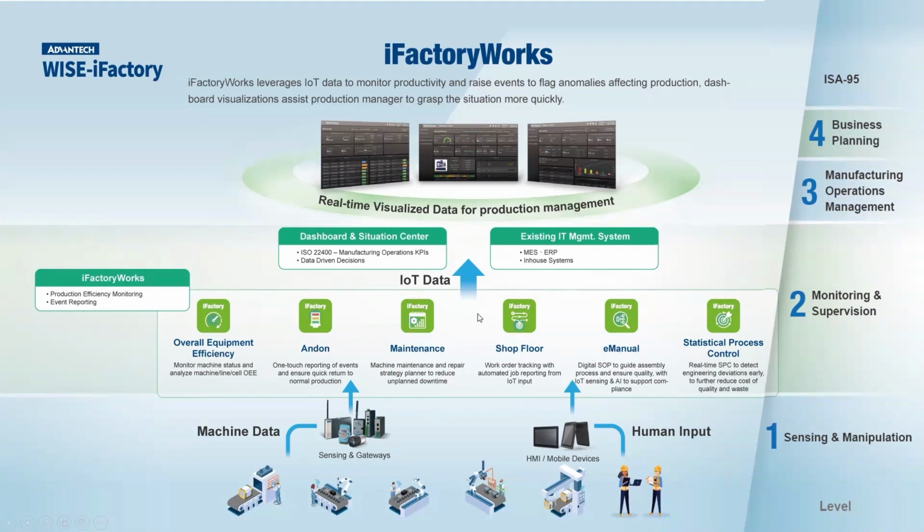All this IoT data can be used in our dashboard or situation center, or can be used in existing IT management systems like MES, ERP, or some in-house systems. Level 3 and level 4 will be more focused on operation management and business planning, where they can use all this data to have better management and planning.